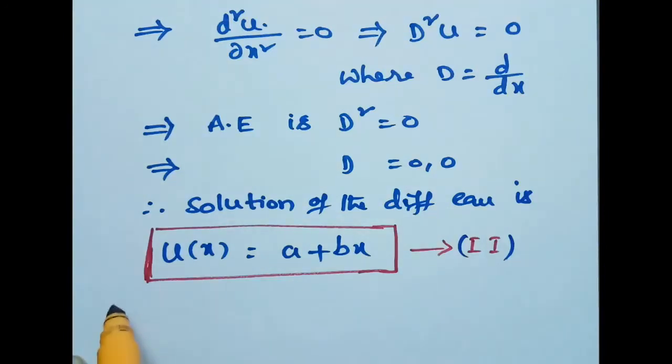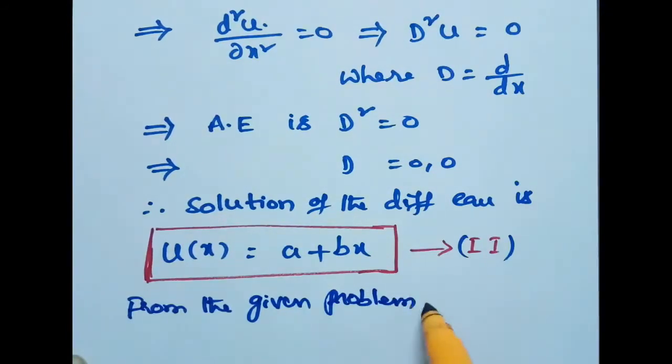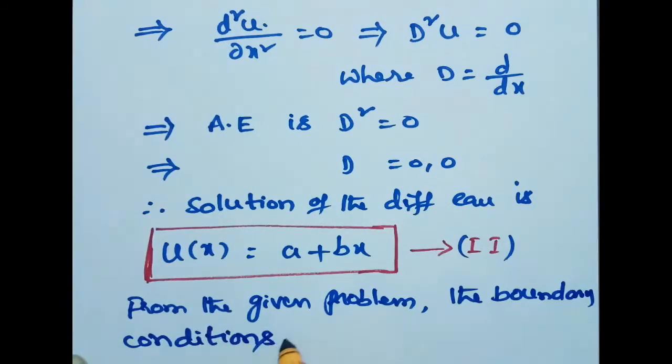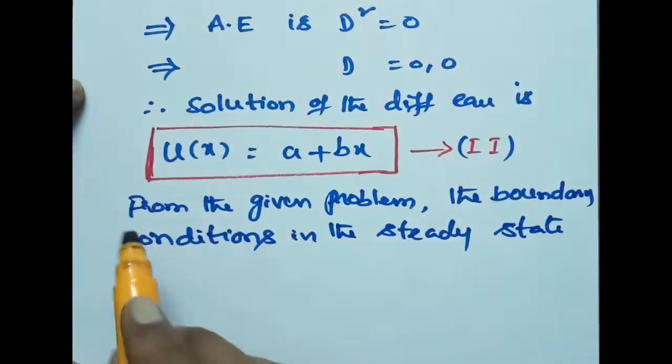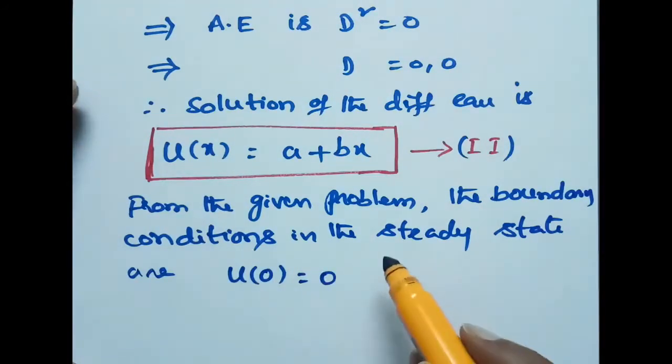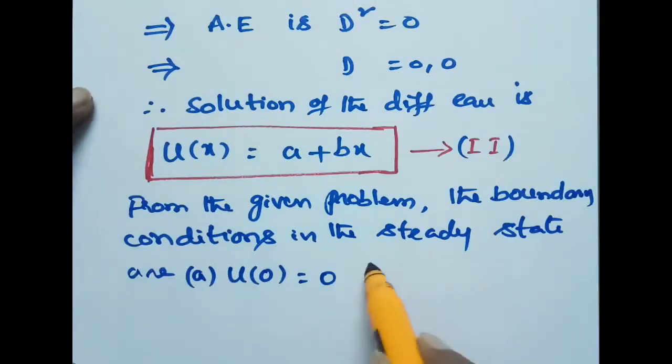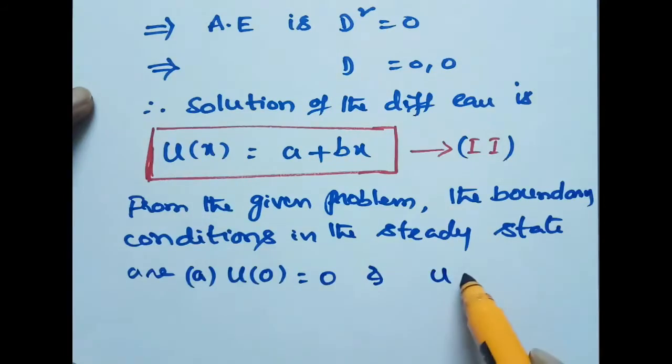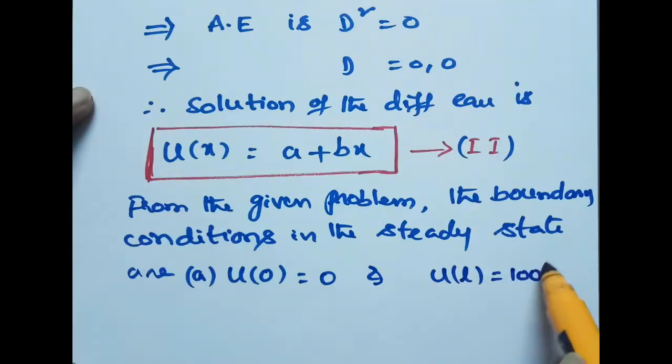With the boundary conditions from the given problem, the boundary conditions in the steady state are: (A) u(0) = 0 at end A, and (B) u(L) = 100 degrees centigrade at the other end B.